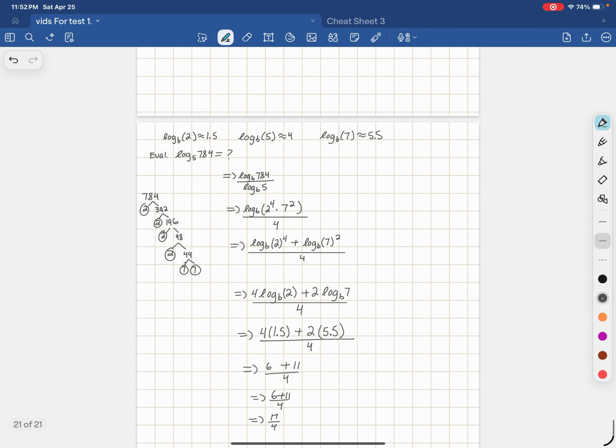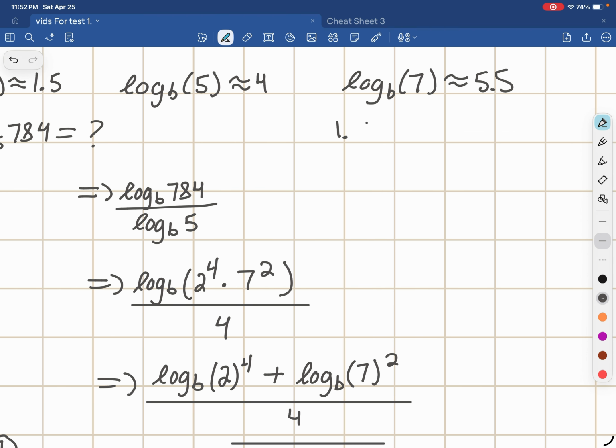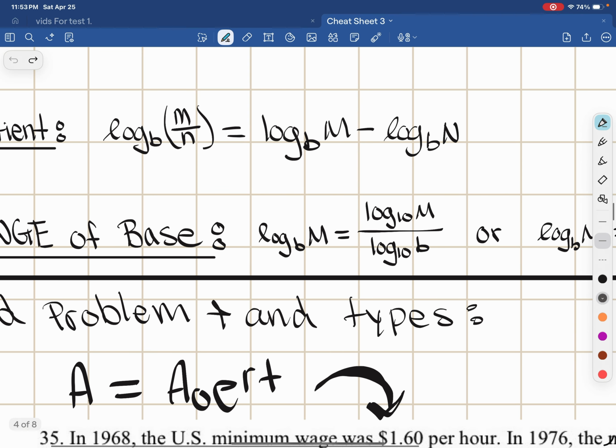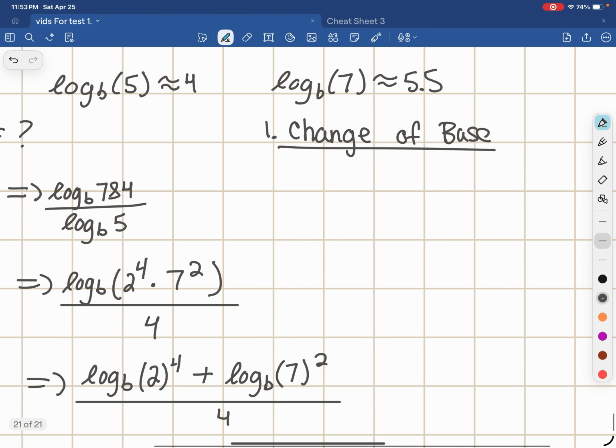Amazing. So the first one we used is change of base. Separate these two so we can have our b right here and our m on top. Beautiful.